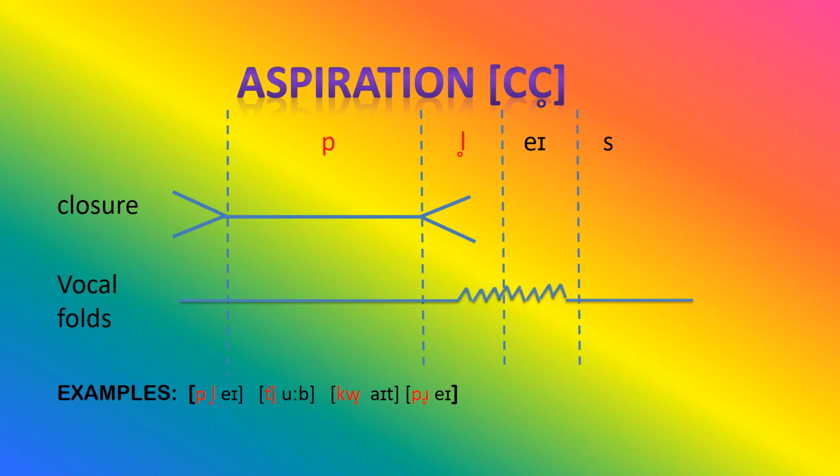We represent this by the symbol of two consonants between square brackets, and the second consonant has the diacritic of devoicing because the sound is produced with some removal of the voicing at its onset.